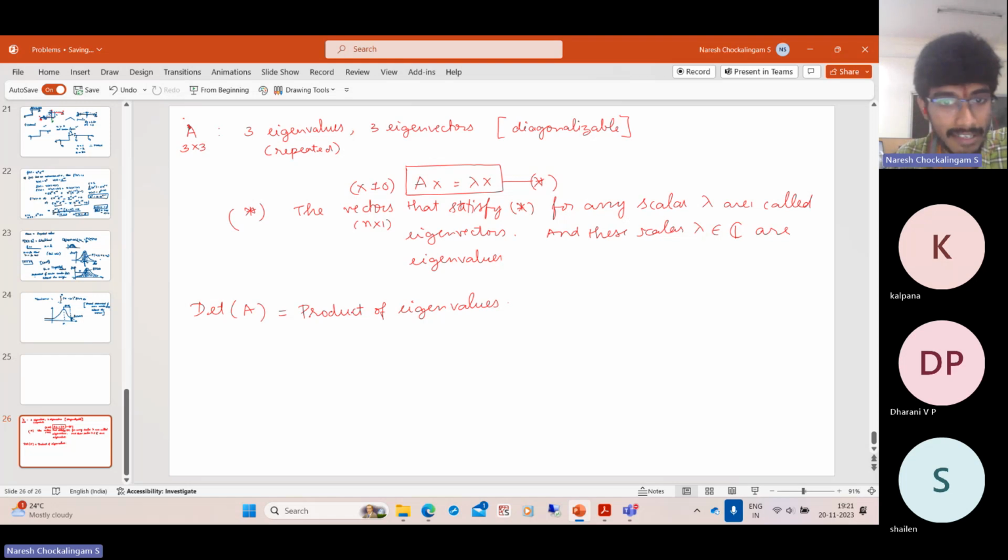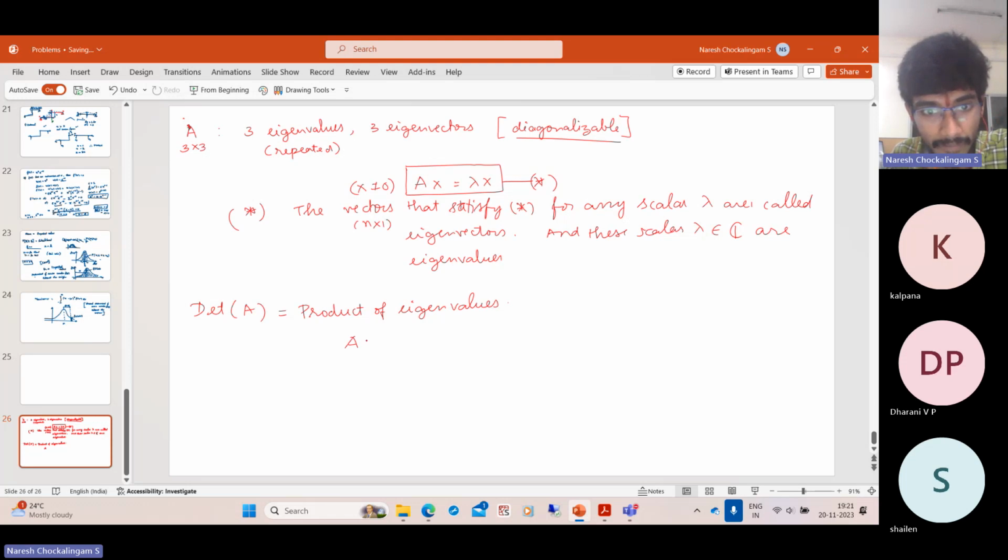Okay, so the proof is very simple. We don't need to consider n cross n; let us just take 3 cross 3. So A is a 3 cross 3 matrix, and assuming that it is diagonalizable, it's just a technicality. Diagonalizable basically means that we have as many independent eigenvectors as there are eigenvalues, including repeated values.